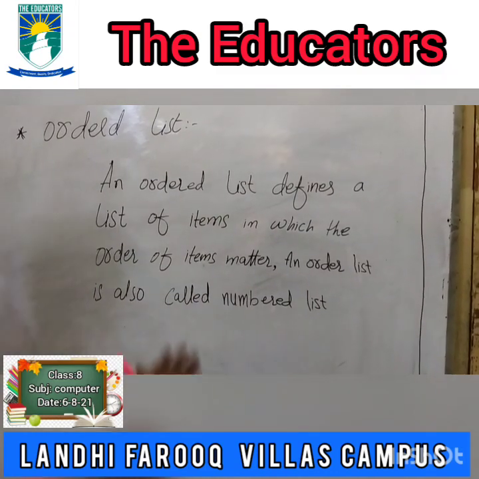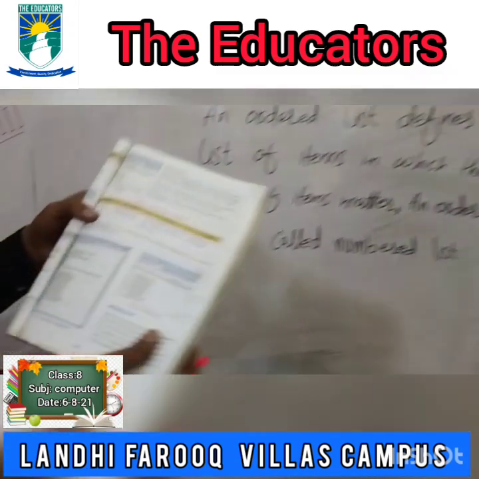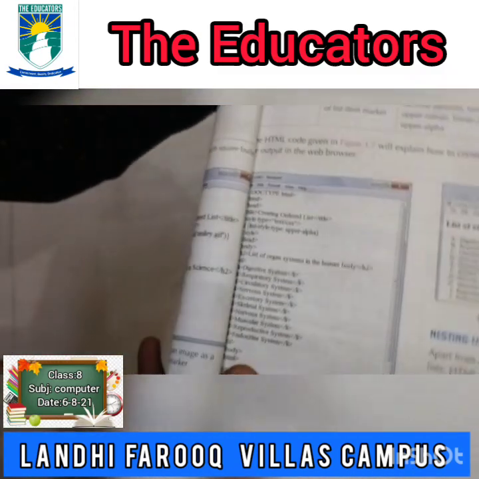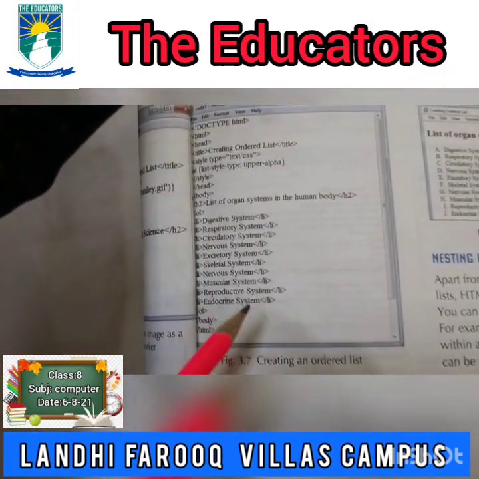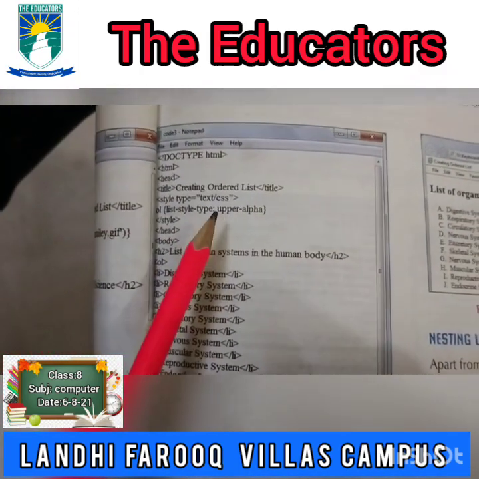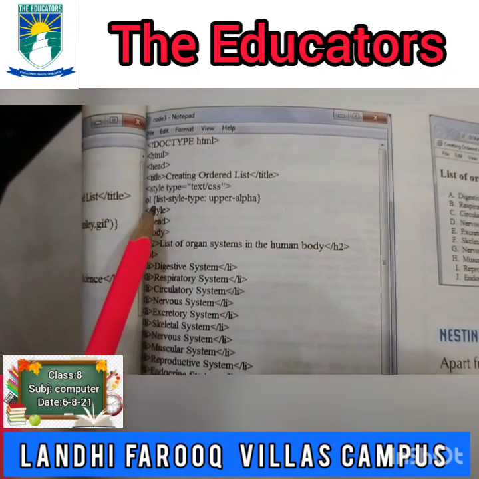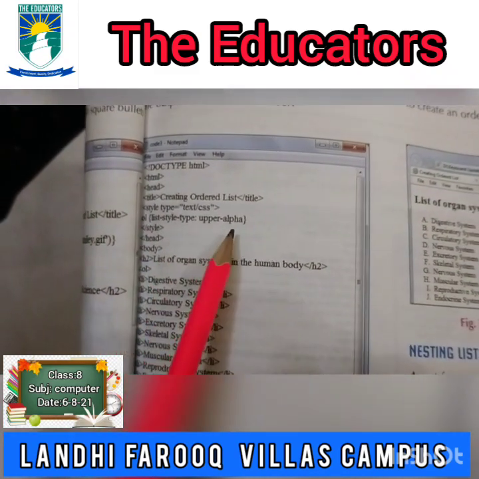In your book, page number 56, we create an ordered list with a title, and the first style is upper alpha.